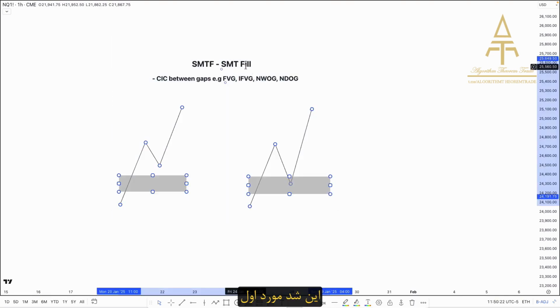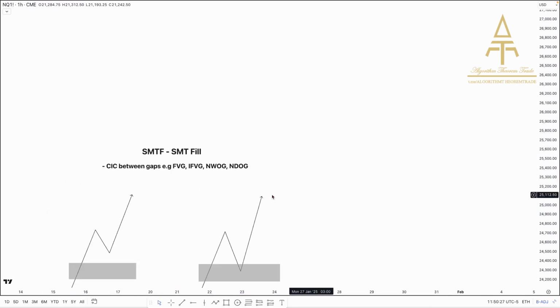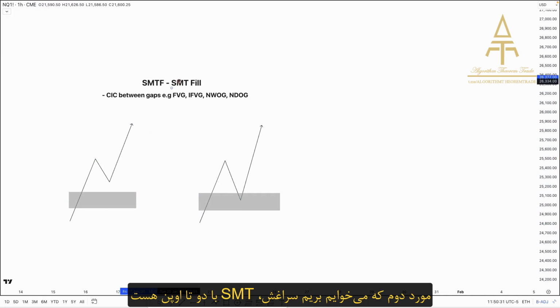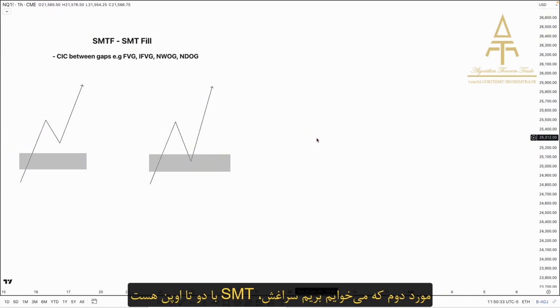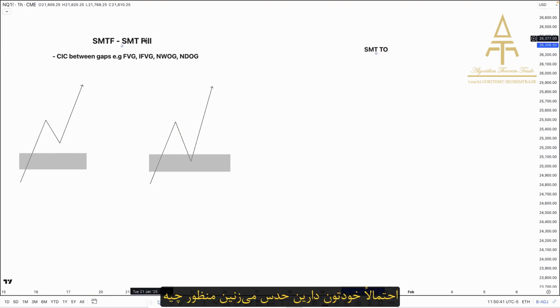This is the first one. The second one that we will cover is going to be SMT with true opens. Hopefully you can start to guess what this is.